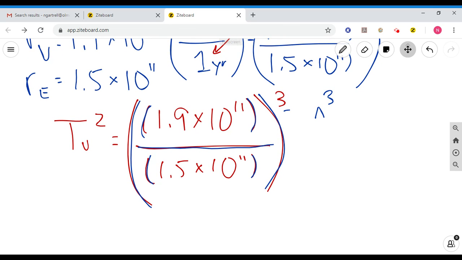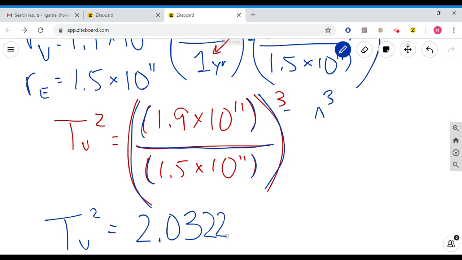All right, I'm going to plug it in one more time because I don't know if that looks right. 1.9 times 10 to the 11th, close, divided by 1.5 times 10 to the 11th, parenthesis to the third power. Okay. So I have T sub u for the unknown planet squared is equal to 2.032296296.